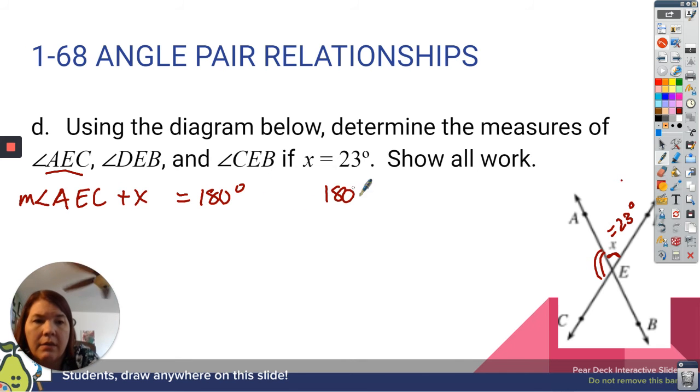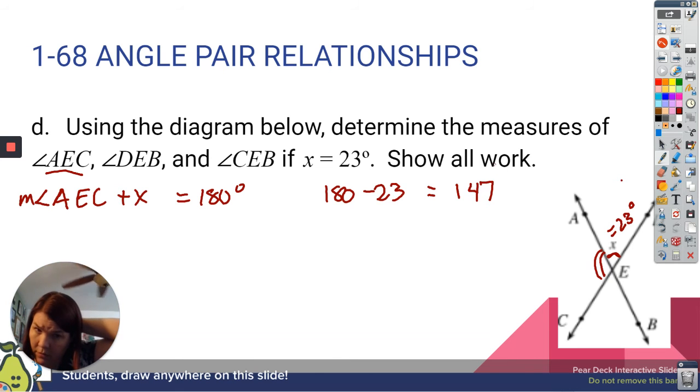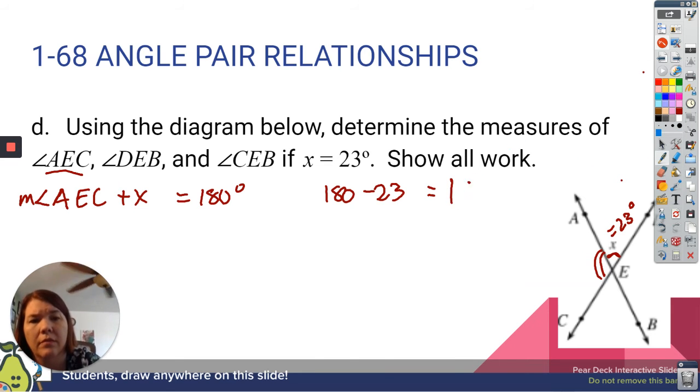So 180 minus 23 is 157. Yep, 157. Use a calculator if you need to.